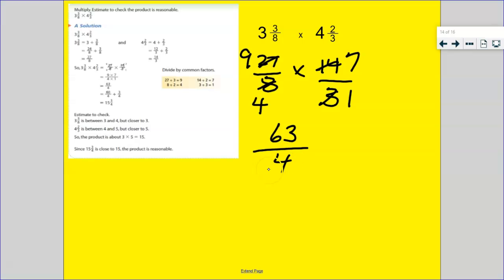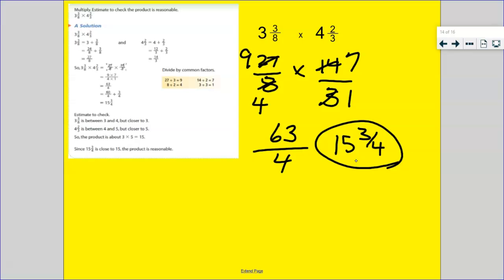Okay, and then we can switch it back into a mixed fraction if they ask us. So you take 63 and you divide that by 4. And you get 15. 15 times 4 is 60. There's 3 left over, so this is 15 3/4. Okay, or actually, let's leave it at that. That's the way we're going to do these.